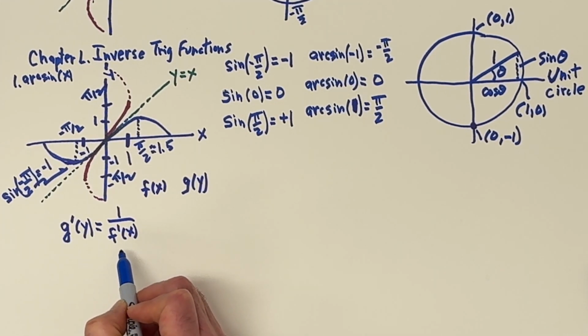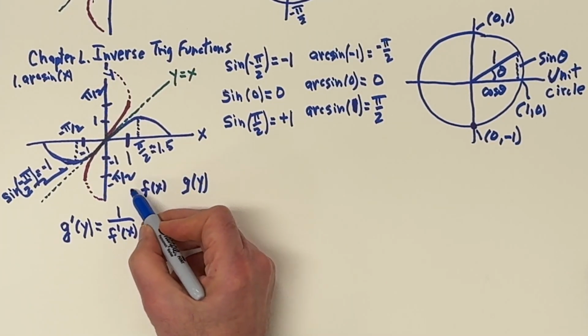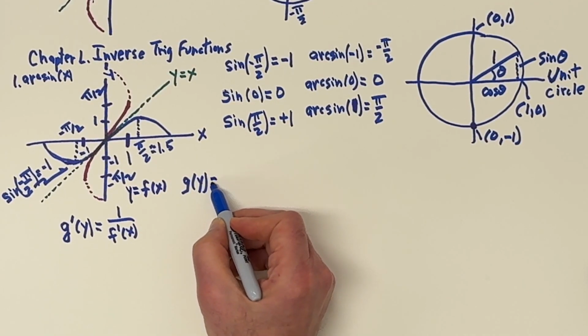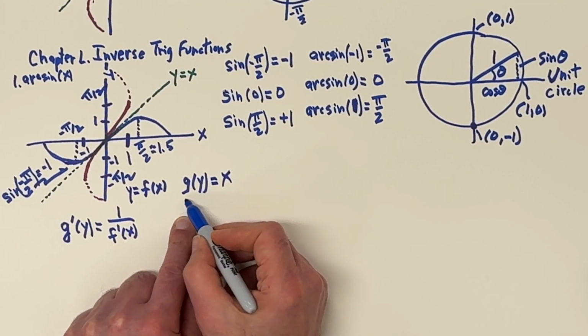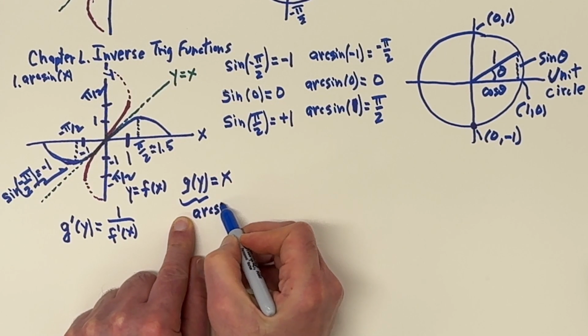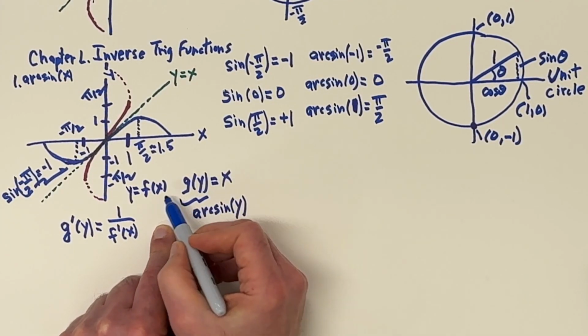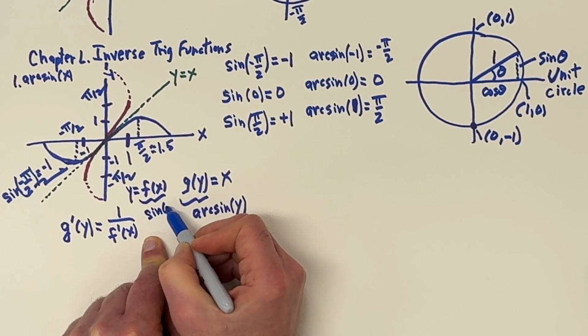Now we derived that already, and we're going to now use it. So here, y equals f of x, and x equals g of y. So this is the inverse. So that means this would be the arc sine of y. And this is the regular function, which would be our sine of x.